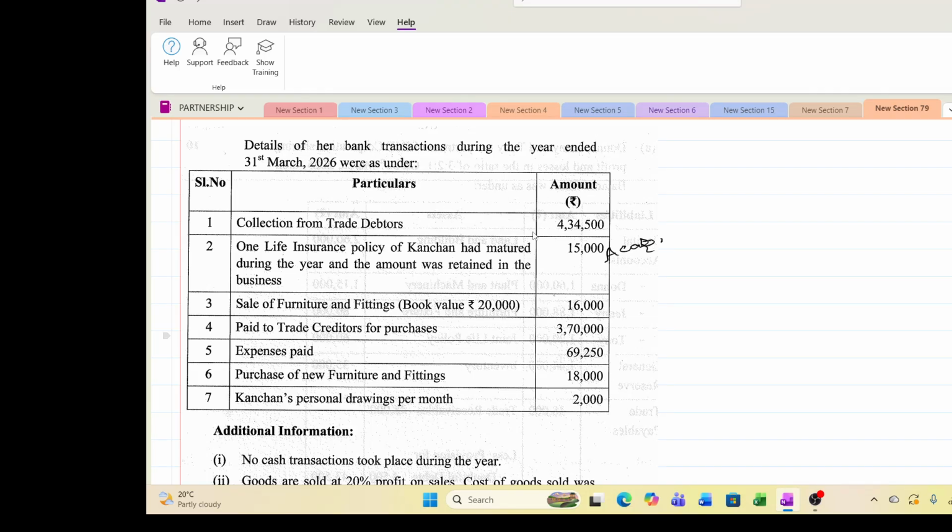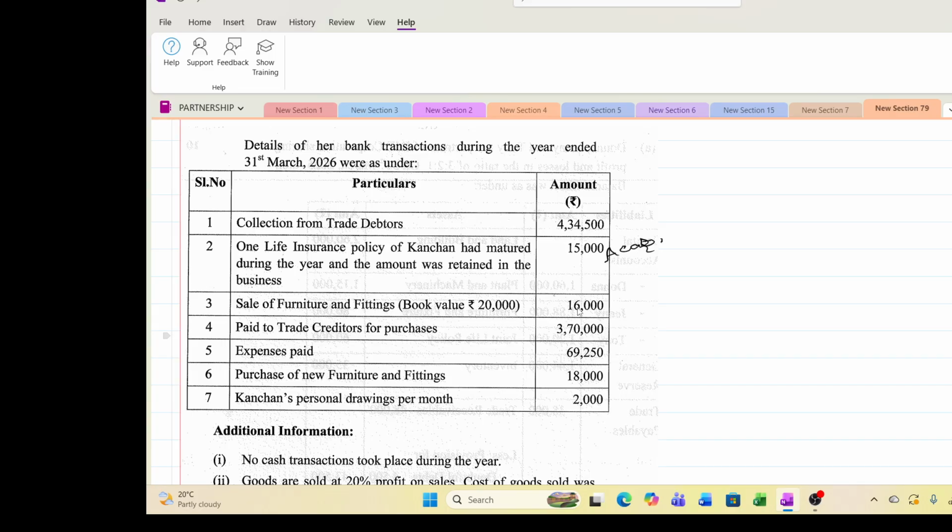See here again I am explaining. 434,500 is collection. This goes to your bank debit side collection, and it goes to your debtor account. This is also a collection, and it goes to additional capital account. Then sale of furniture 20,000 we are going to reduce from the furniture account. 16,000 by bank we have got this amount, and 4,000 is the loss.